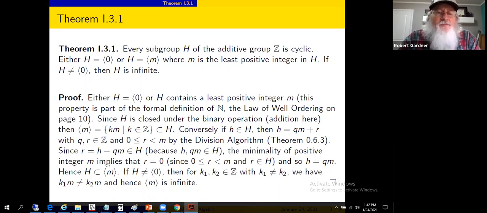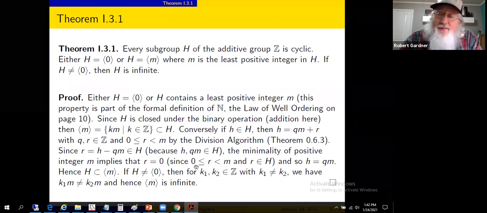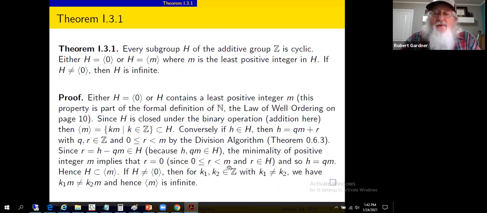Now m was chosen to be the minimal positive integer in group H. So if we've got r also in group H, and we've got r between 0 and m, well, r can't be strictly less than m and be in the group unless it equals 0 itself, because m is the smallest positive integer in the group by choice.